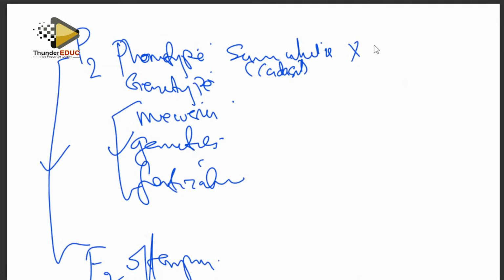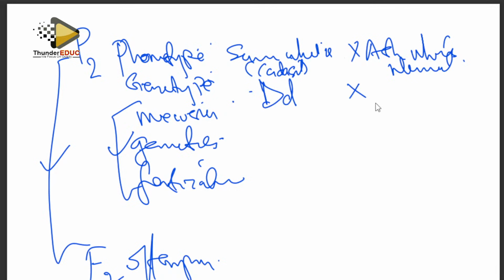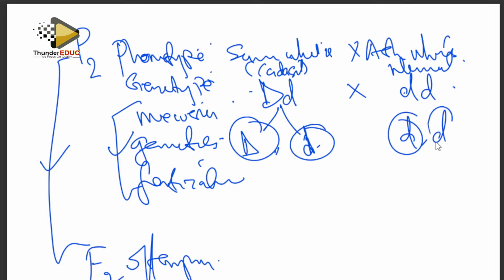So Sam crossed with Ash, who is normal. Remember that Sam is heterozygous, capital D, small d. Remember, it's not sex-linked, so don't use X and Y. Crossed with Ash, who is small d, normal, because the disorder is caused by a recessive allele. So meiosis must take place. When it takes place, don't forget capital D, small d, and small d, small d. Don't forget that these are gametes. You can separate them by a comma or circle them.